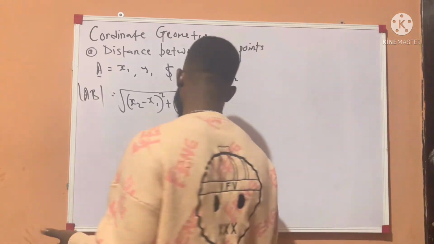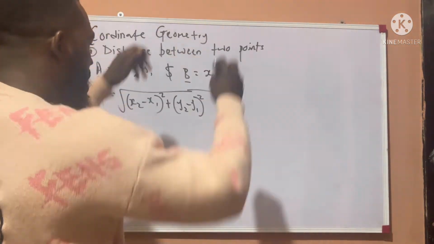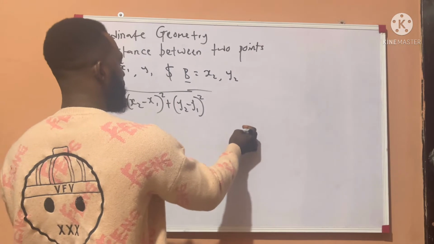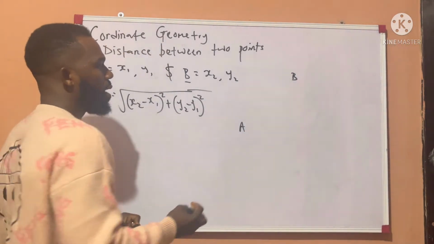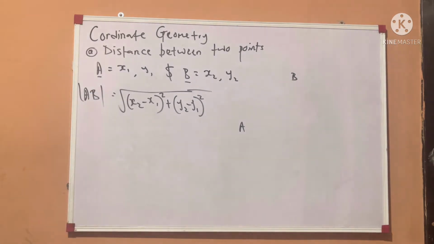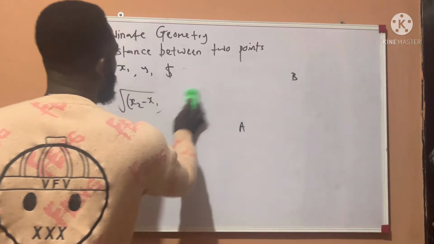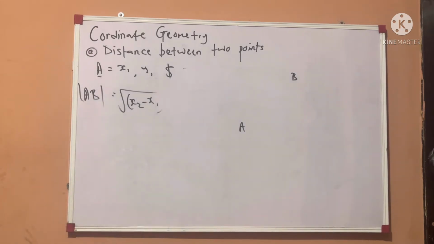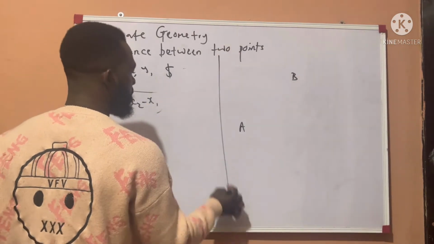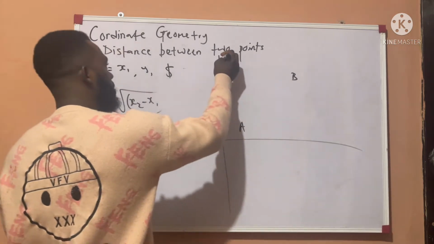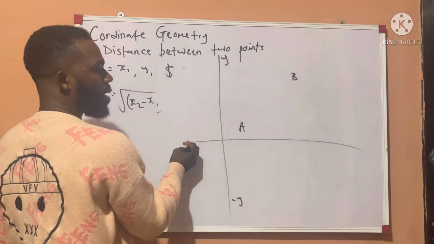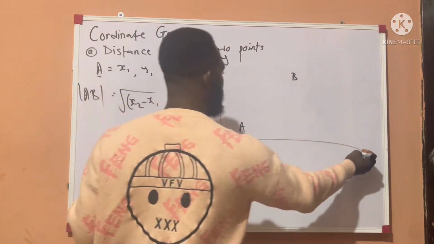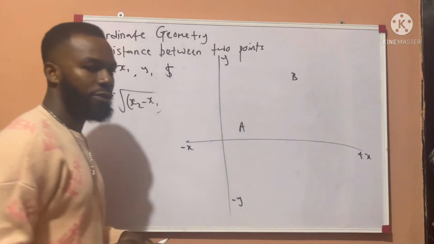Now, let us assume we have 2 points, point A and point B, and let's plot this in the graph. This is y, and this is negative y, this is negative x, and this is positive x.